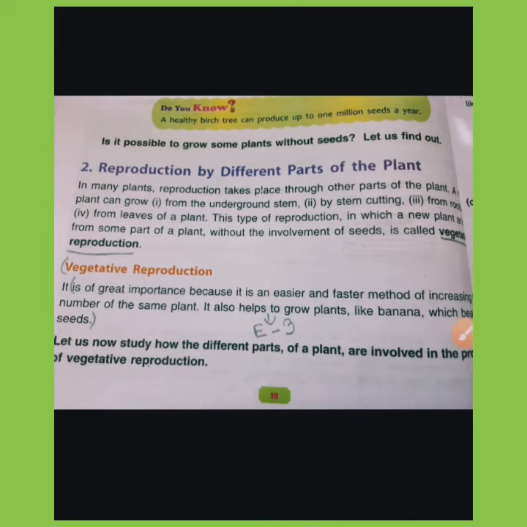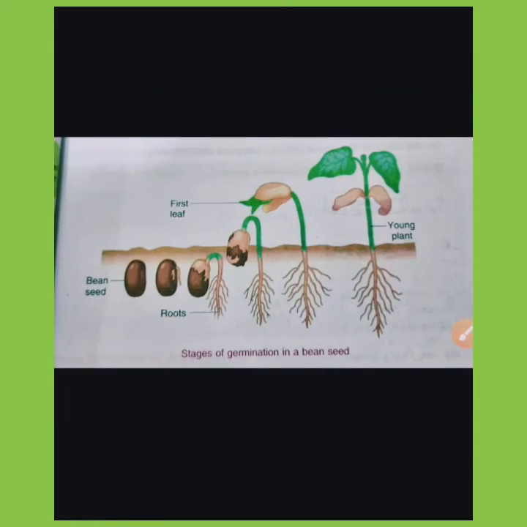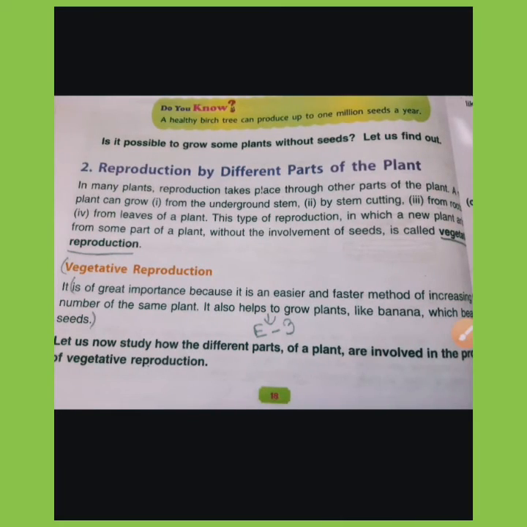Next, reproduction by different parts of the plant. We have seen that a plant can reproduce by seed, and the process by which the seed grows into a young plant is known as seed germination. Now we will see what are the other methods of growing a new plant.